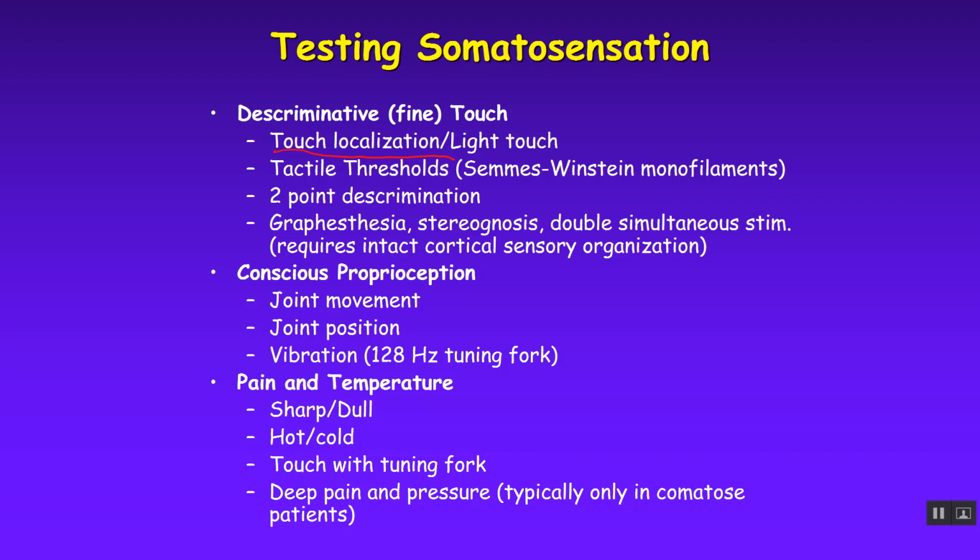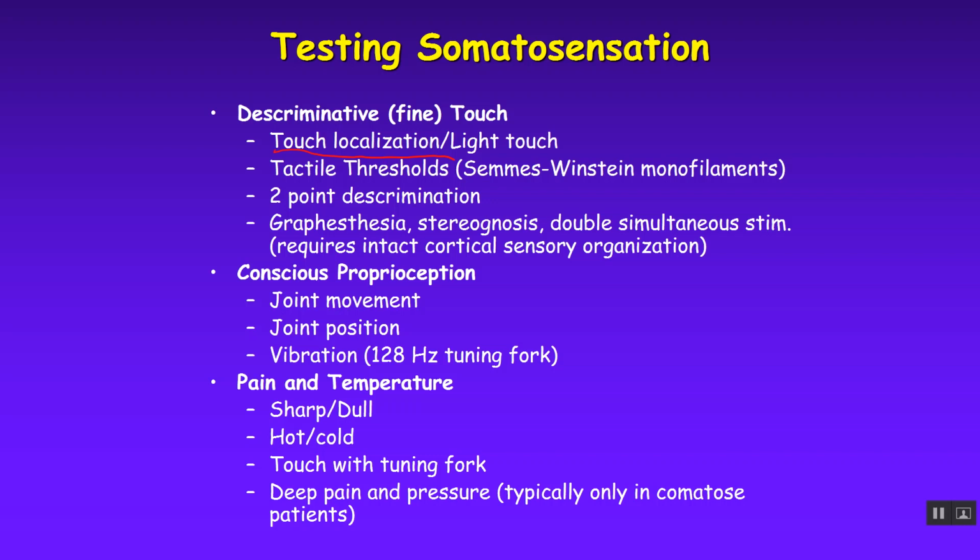Okay. So touch localization is one, and that's the cotton ball, and then asking them to point exactly to where you touched that cotton ball some of the time to make sure that they're feeling that. Tactile thresholds, which we'll show you a picture of in a second. This is where you use a special Semmes-Weinstein monofilament tester that has basically like a fishing line attached to it.